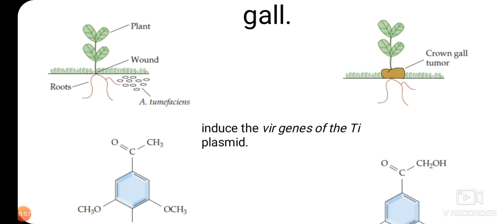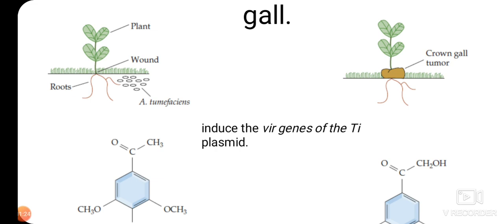This particular organism, a soil dwelling bacterium, infects a plant and causes a disease called crown gall disease. This happens because the bacterium possesses an episomal plasmid structure, called the Ti plasmid.